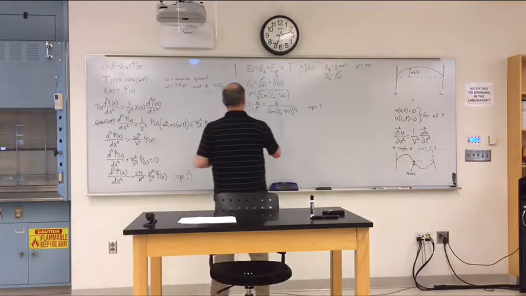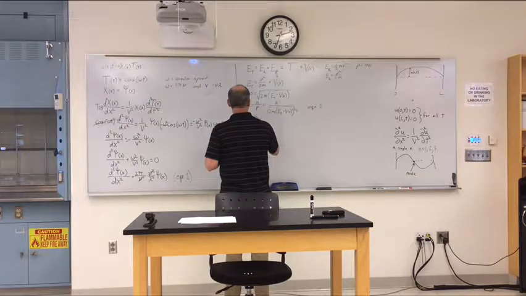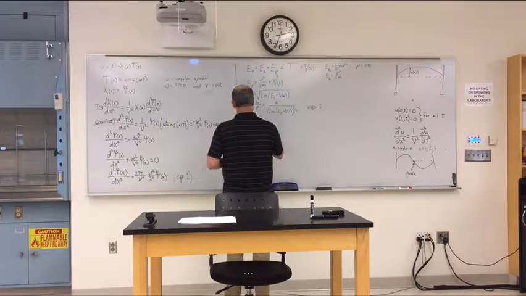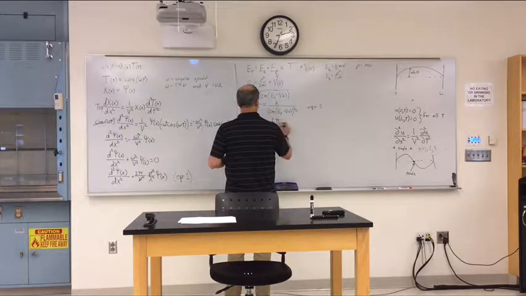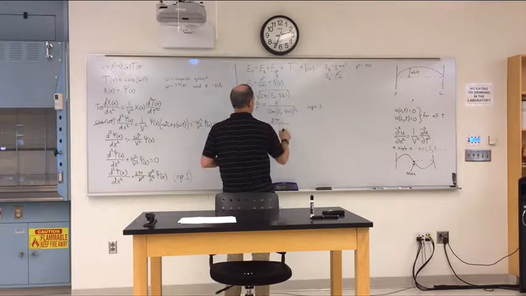All right, so I'm plugging equation 2 into here. That gets me the second derivative of psi dx squared plus 2 pi divided by this whole thing squared.